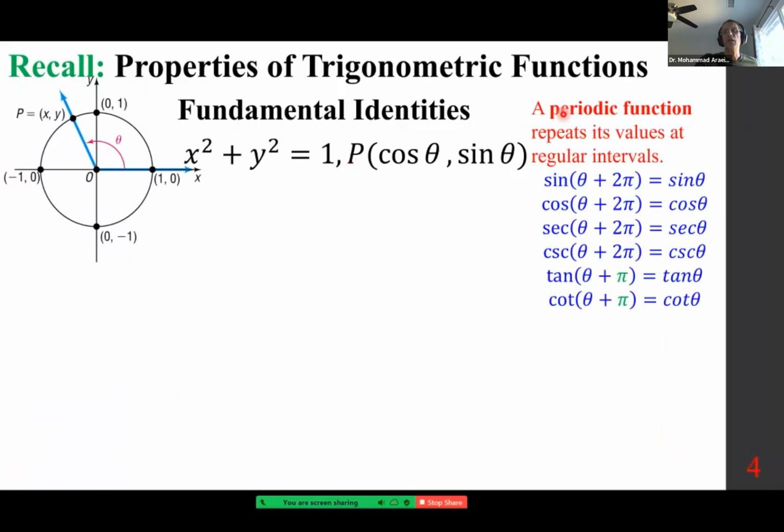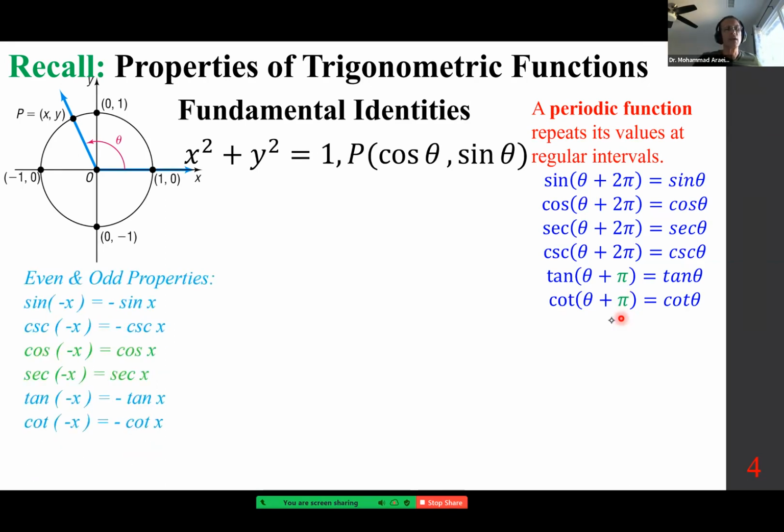A periodic function repeats its value at regular intervals. The period is 2 pi for sine, cosine, secant, and cosecant, and the period is pi for tangent and cotangent. All functions are odd trigonometric functions except cosine, and with cosine goes secant.